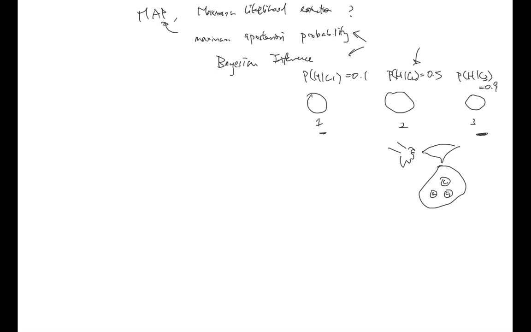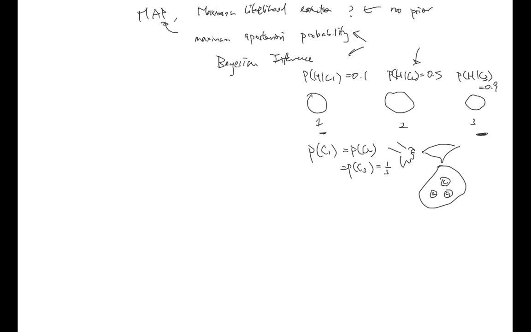The difference between maximum likelihood, MAP, and Bayesian inference is that in this case we assume we have no prior information. With no prior information, the best guess is to assume the bag has the same number of coin 1, coin 2, and coin 3. So we estimate the prior probability of C1 is equal to the probability of C2 is equal to P(C3), which is equal to 1/3.